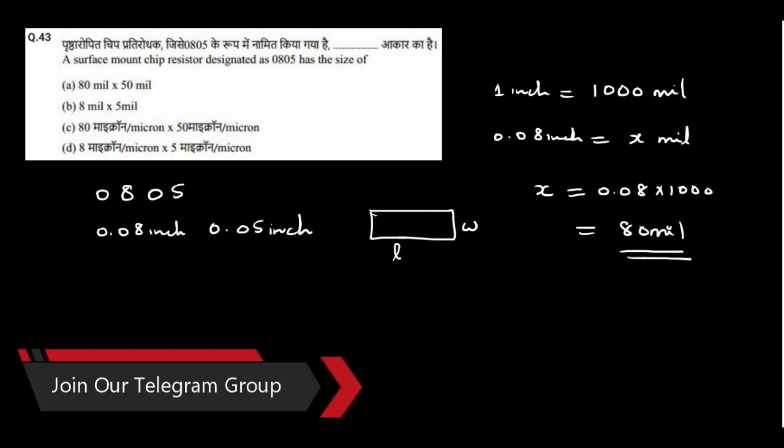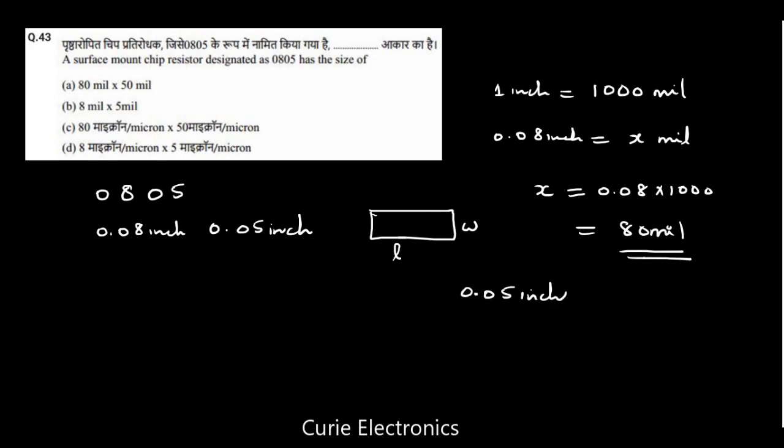Similarly, if you want to convert 0.05 inch to mil, you have to multiply by 1000. So 0.05 multiplied by 1000, what do you get? You get 50. Right? So option A is the right answer: 80 mil by 50 mil. So you should know 1 inch equals 1000 mil.